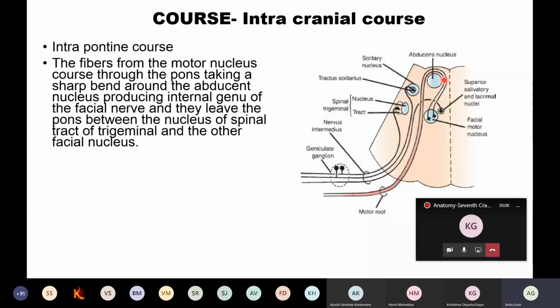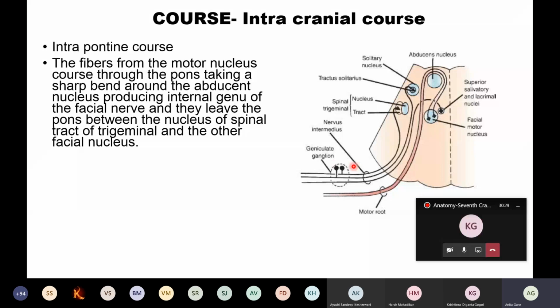Genu means bend, and this is present inside the cranium. So in the intrapontine part, this is called the internal genu. After that, the motor fibers will come out from the pons at the junction of the pons and the medulla. So these are the motor fibers.